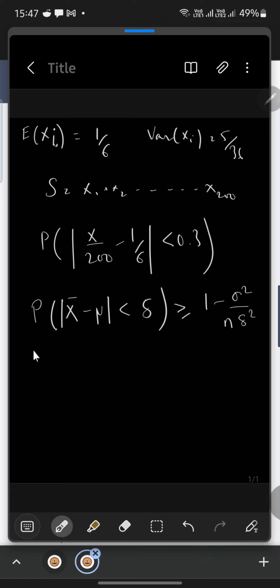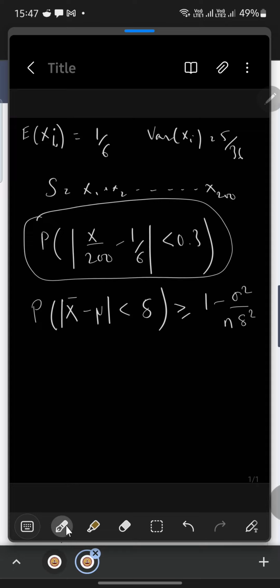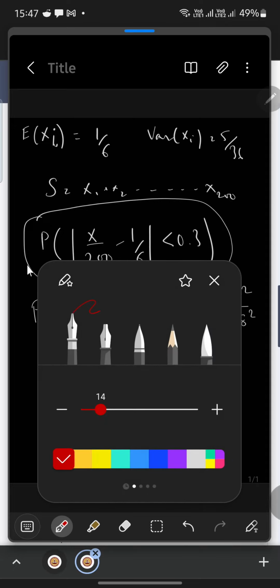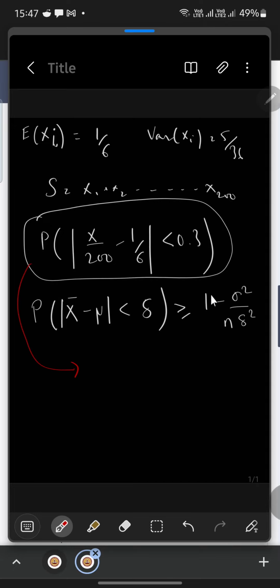This is our weak law statement, right? Using this, the whole statement would be equal to 1 minus sigma square, the variance being 5 by 36, into n, which is 200, and delta square would be 0.09, right?